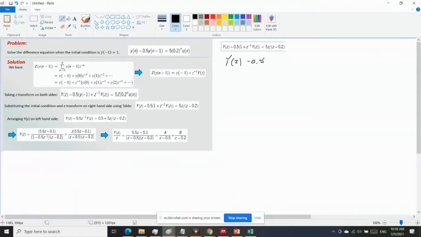Minus 0.5 z to the power of minus 1 Y(z) is equal to 5 z over z minus 0.2. Okay, so we can take this to the other side.